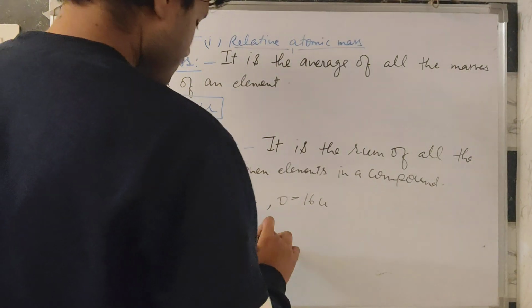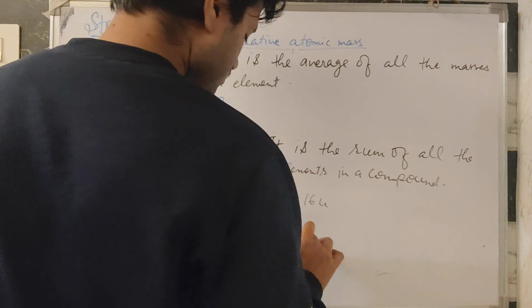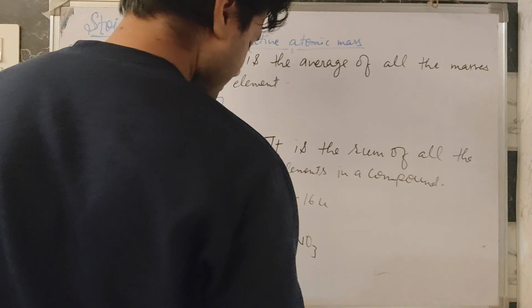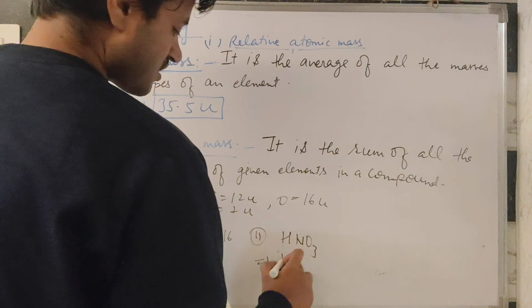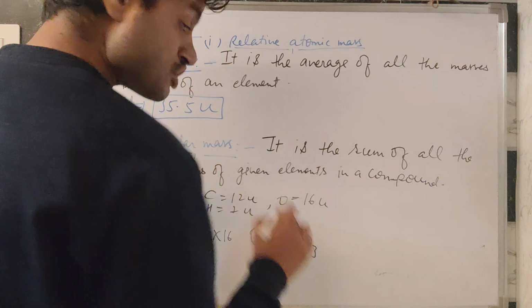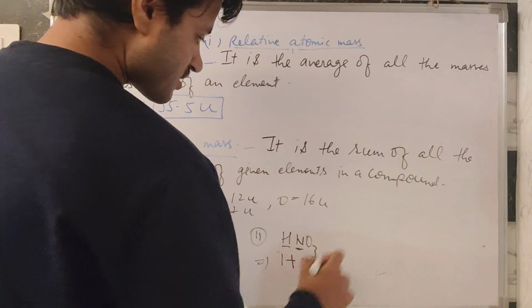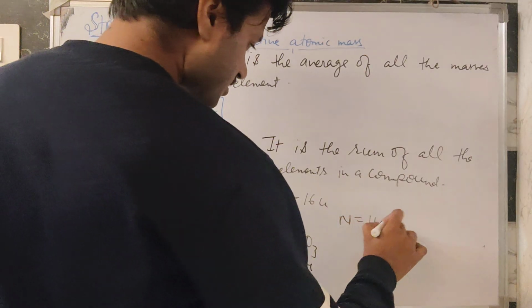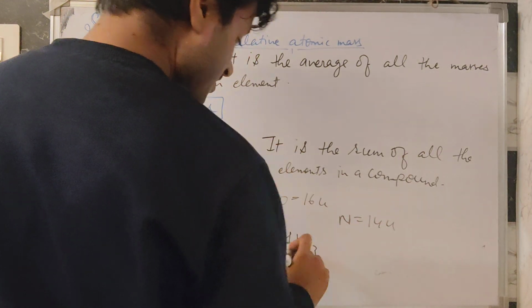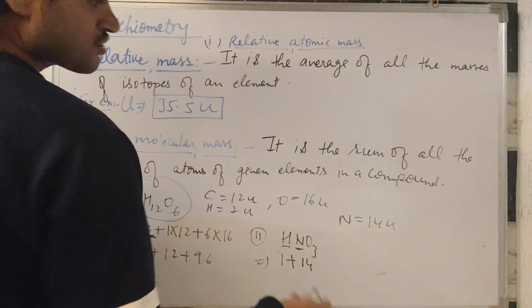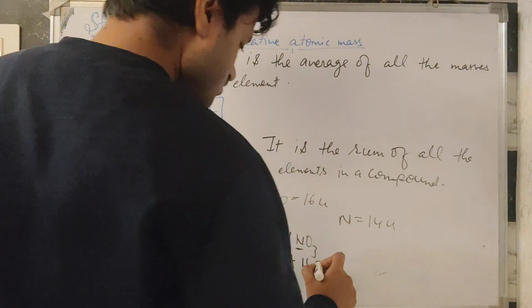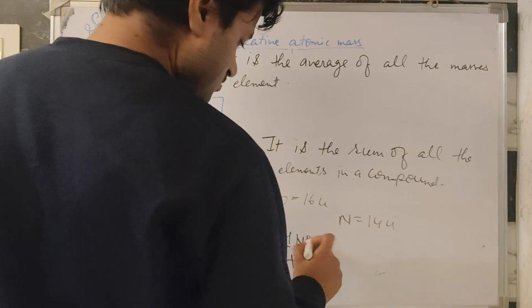Next we can take HNO3. How can we calculate its molecular mass? One hydrogen, then going to the next atom, plus nitrogen. What is the mass of nitrogen? 14. You have to remember nitrogen has 14 unit mass. After nitrogen you get a new element, oxygen, so plus. How many oxygen? 3.